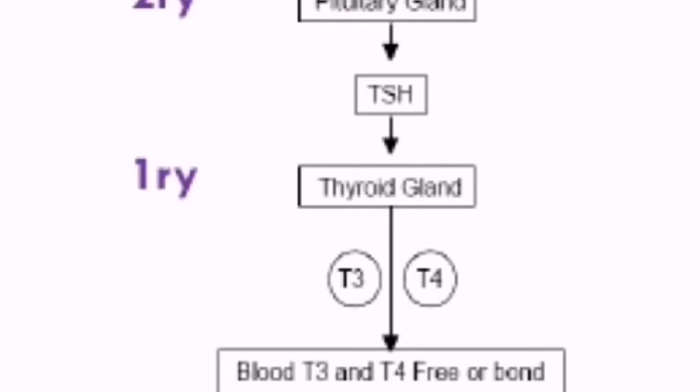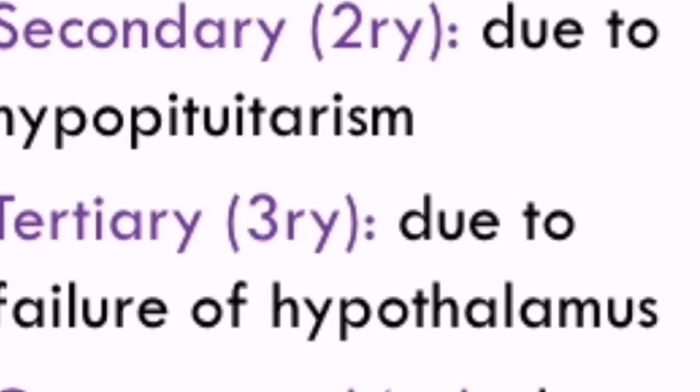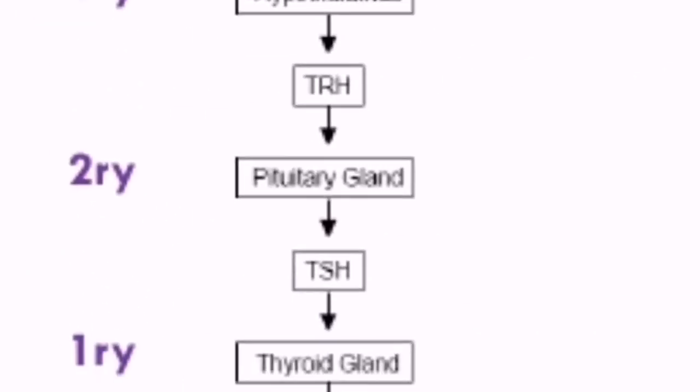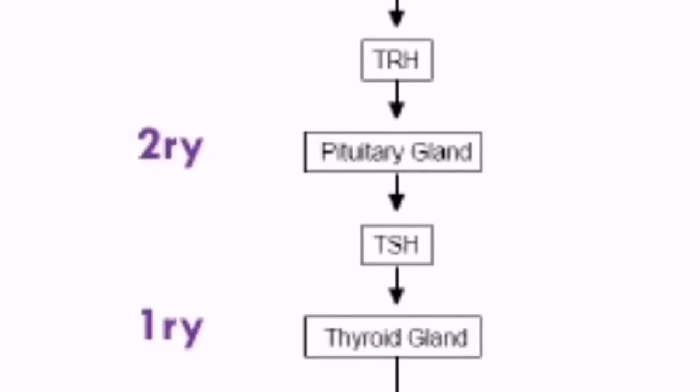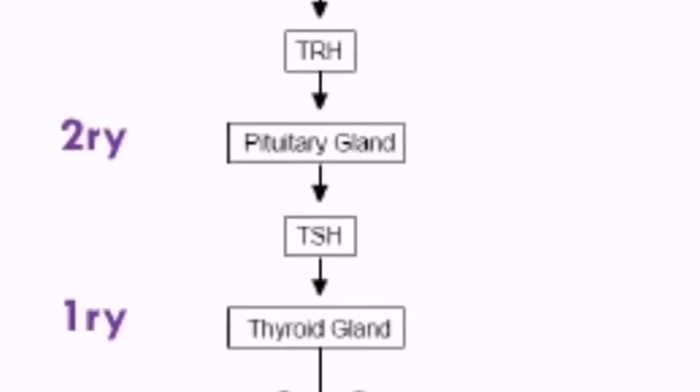Now you can see here, secondary is the deficiency of the pituitary, tertiary is the hypothalamus, and primary is the thyroid gland.